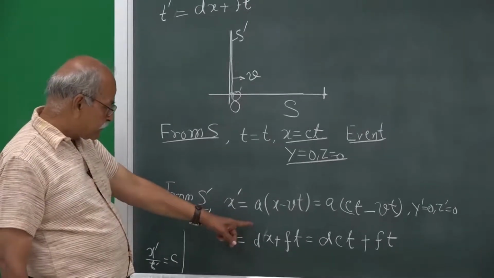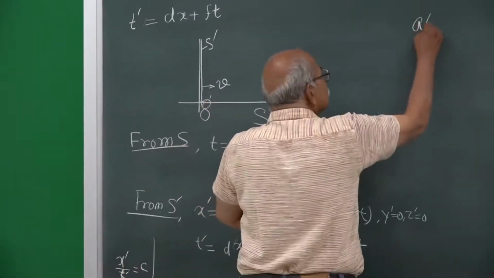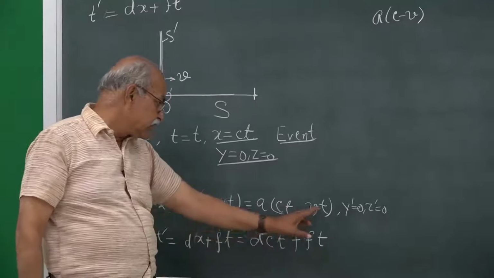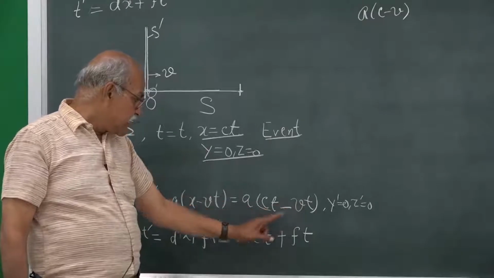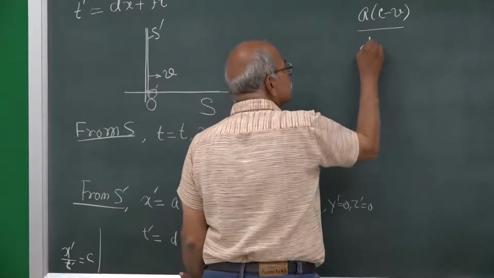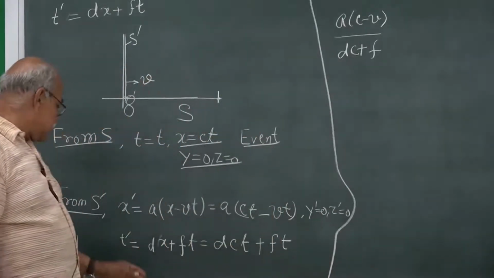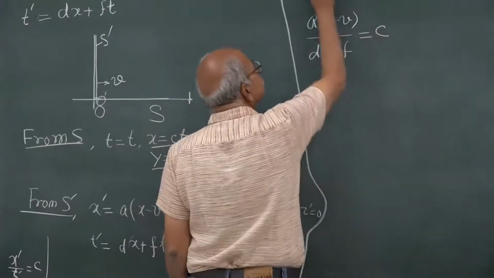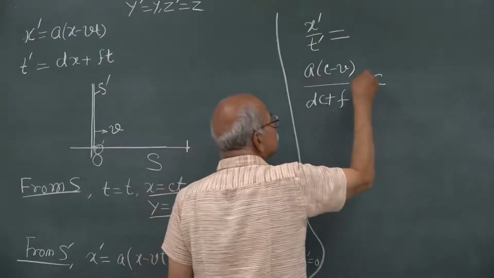Divide here, what do you get? In the numerator you have a into c minus v, and in the denominator you have d c plus f, because the t cancels out. So x prime by t prime is this much, and that must be equal to c.